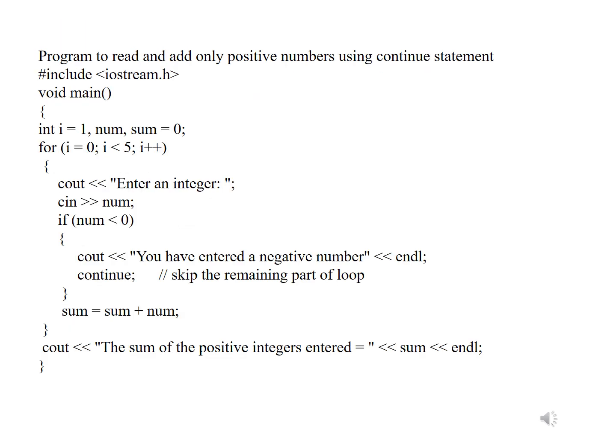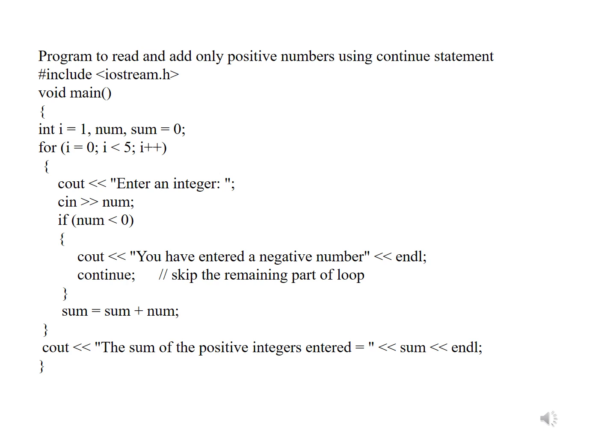Here is a demo program for the continue statement. In this program, the program reads and adds only positive numbers using a continue statement. The program is like: hash include iostream.h, void main, open bracket, integer i, num, sum equal to 0. i, num and sum are the three variables of integer type.